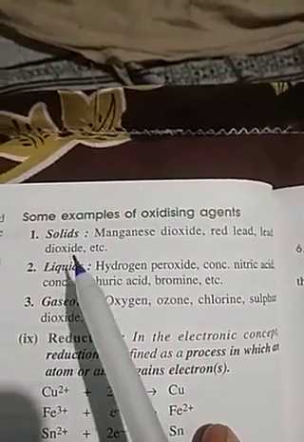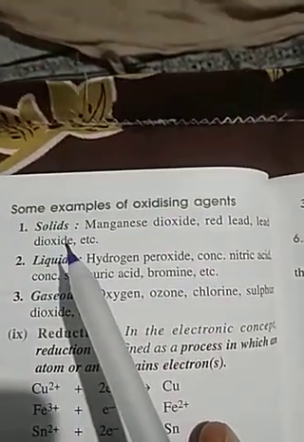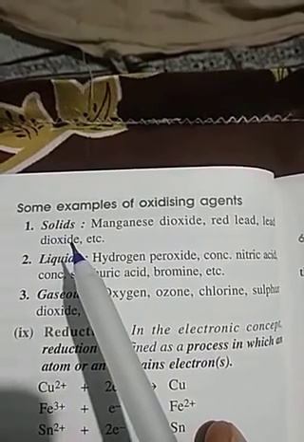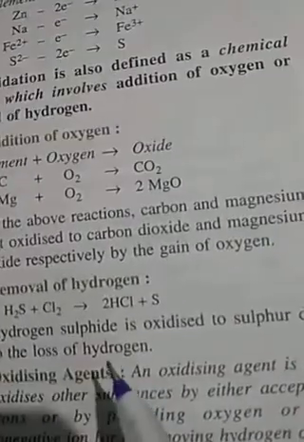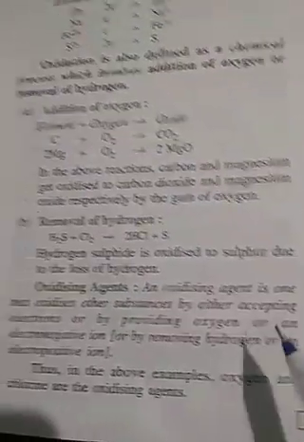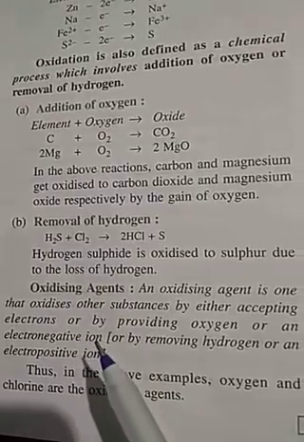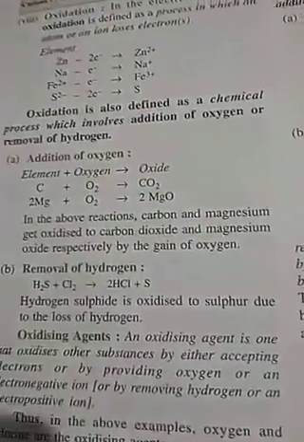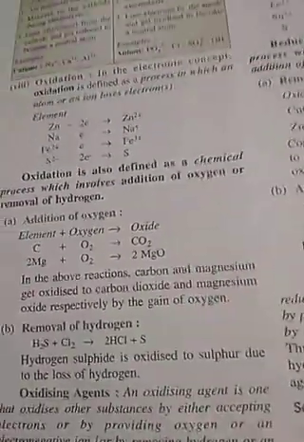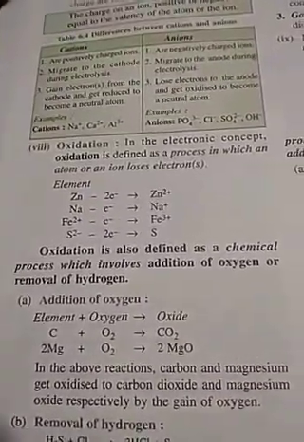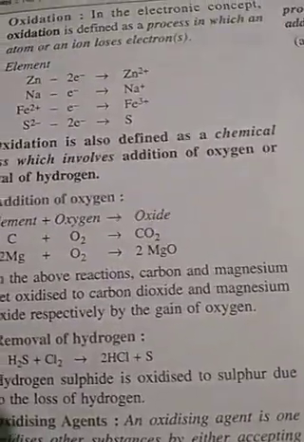If you see here, manganese dioxide or lead dioxide, they lose oxygen. They provide oxygen. So, which can provide oxygen or an electronegative ion, means which can provide oxygen. Oxygen is a nonmetal. Nonmetals are also called anions or electronegative elements.